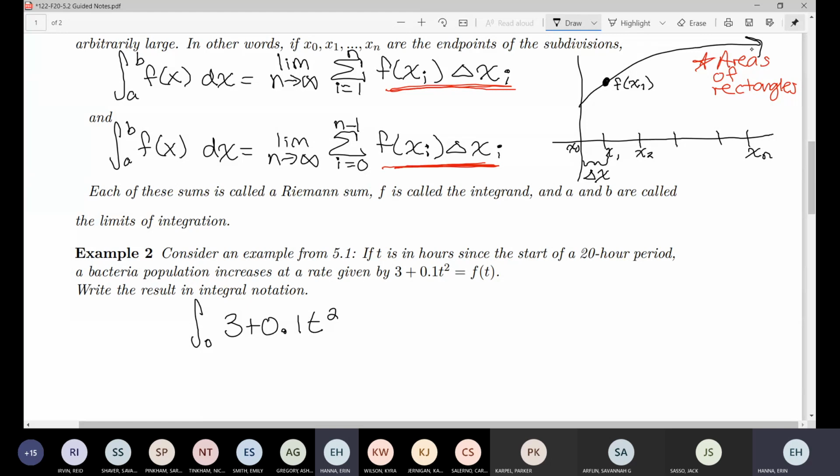So we're going from 0 to 20. And then we always need that notation of d, d whatever variable you're working over. So in this case, it's dt. If those were x's, it would be dx. If they were y's, they'd be dy. Again, in our case, it doesn't really mean a lot for us, but it does need to be there. That's how you would write that integral in integral notation.